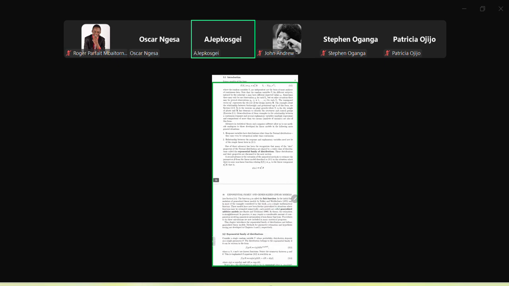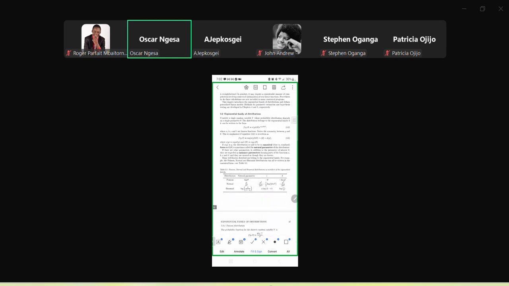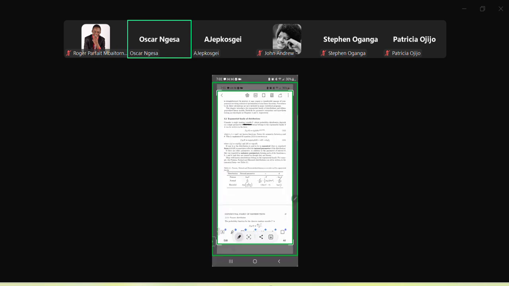Okay, I'm not interested in that one. I'm going to section 3.2. Can you see section 3.2? So we usually use the symbol f(y; theta) to represent a general probability distribution. Is that okay?